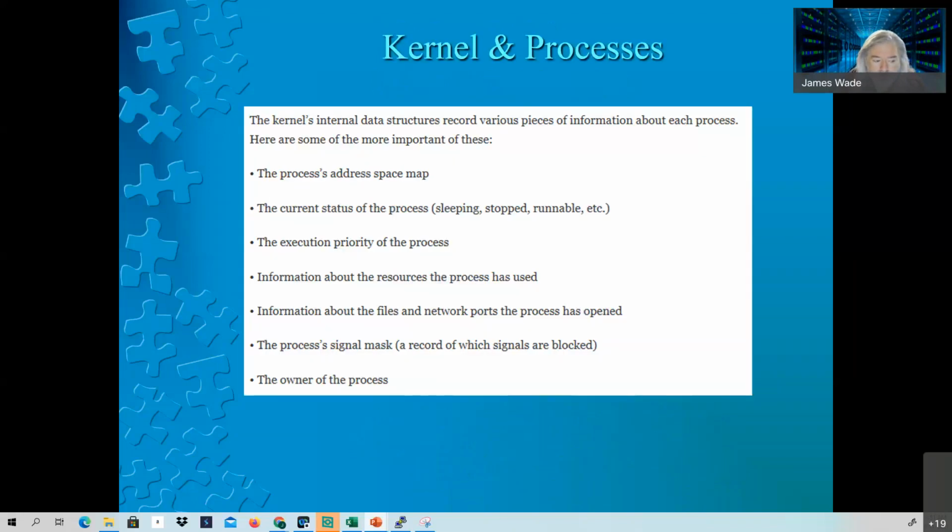So when we look at processes, the operating system or the kernel uses internal data structures and records pieces of information for each process.